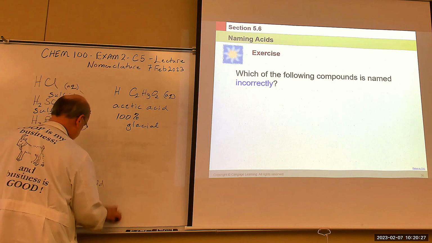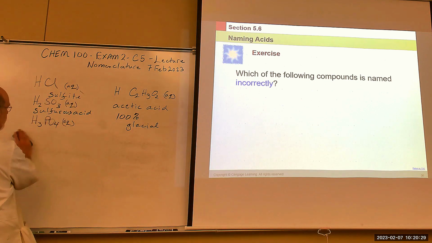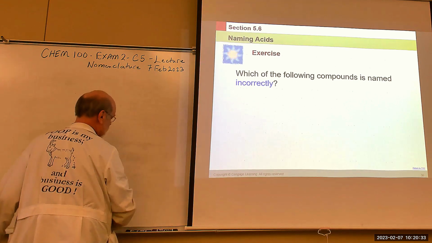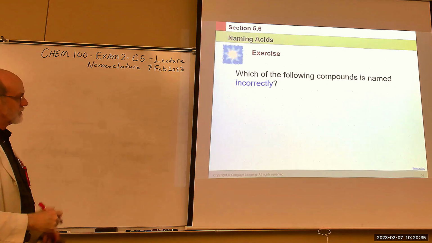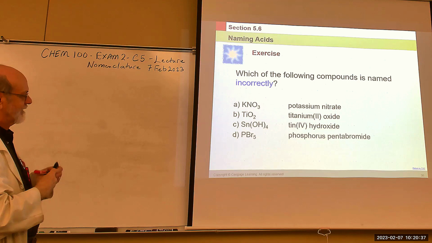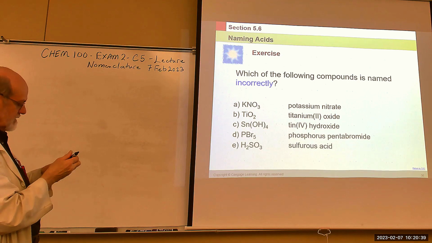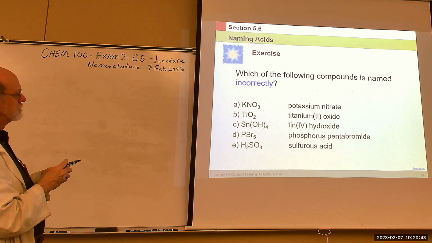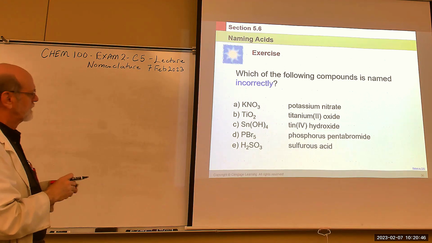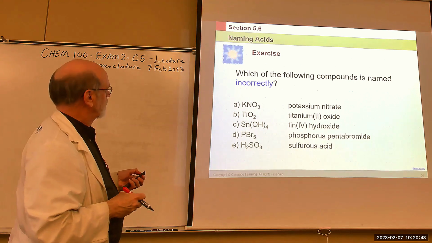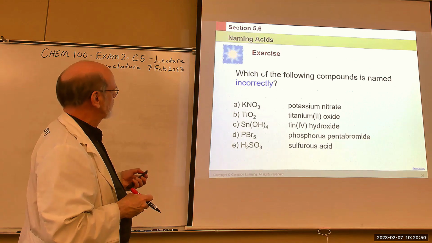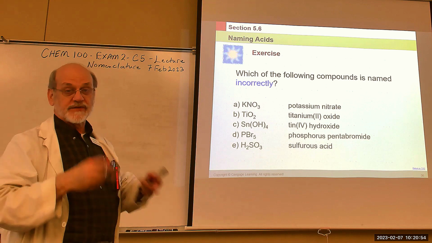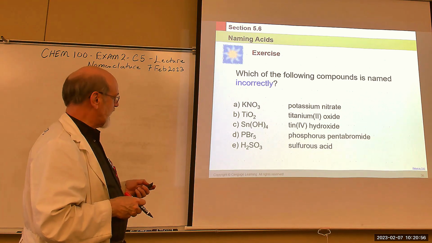So we're going to see if we can catch them misnaming acids, just like we did for compounds earlier. All right. Oh, wait a minute. Which of the following compounds naming acids? Well, okay. We're dovetailing in previous. Only one of these is an acid, right?